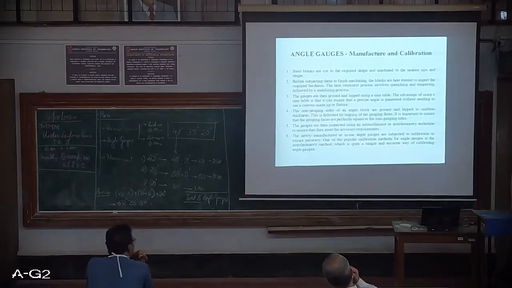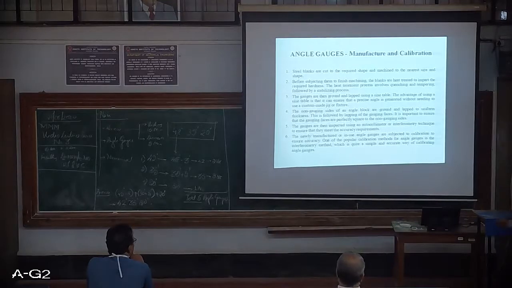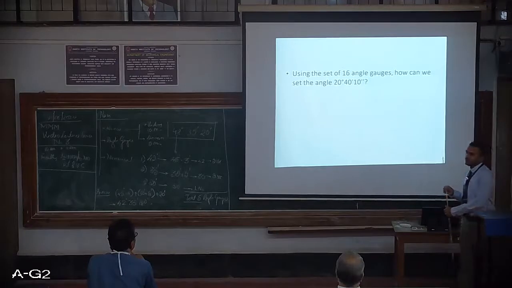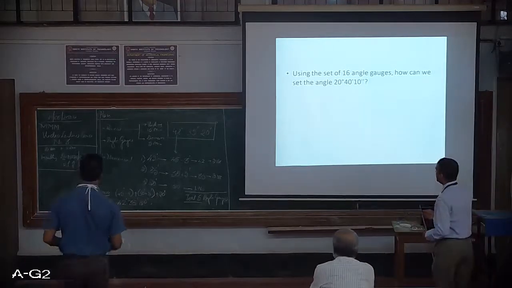The newly manufactured or in-use angle gauges are subjected to calibration to ensure accuracy. One of the popular calibration methods for angle gauges is the interferometry method, which is quite simple and accurate way of calibrating angle gauges. So this is about how angle gauges are manufactured and calibrated.